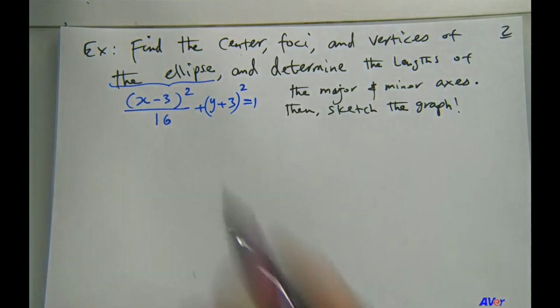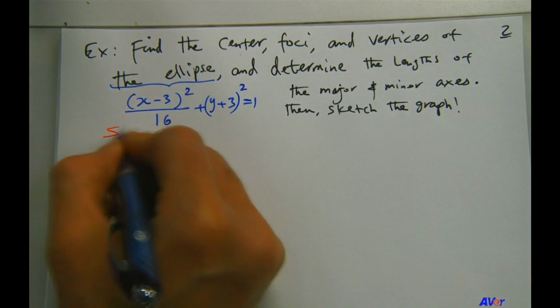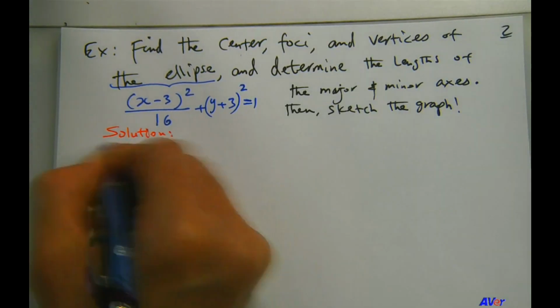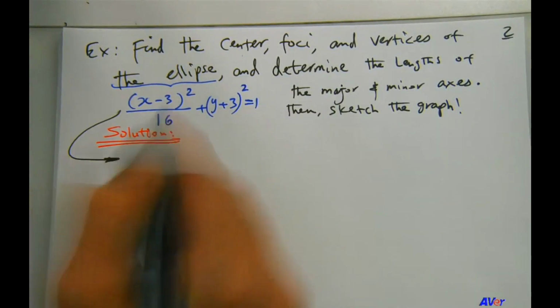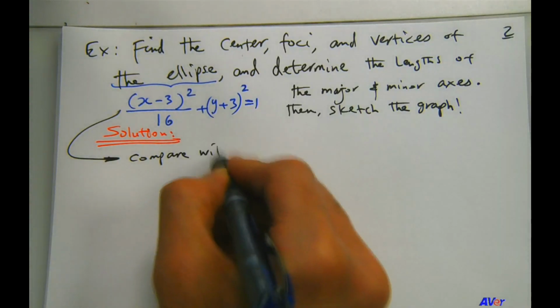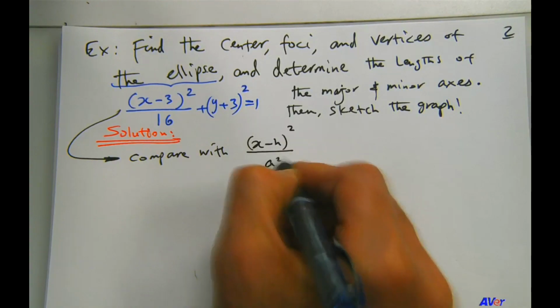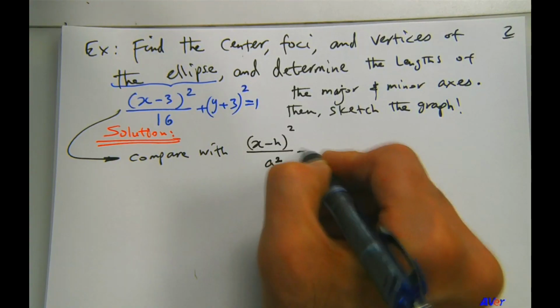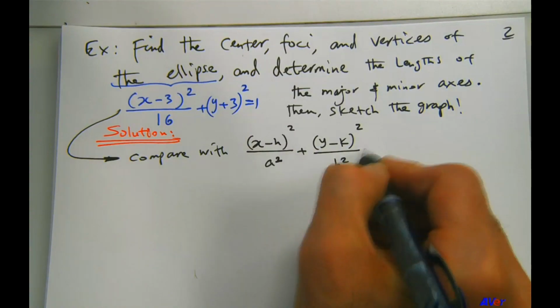Okay, so the easiest thing is to compare this with the general equation of an ellipse that we introduced, right? So here, compare that with (x minus h) squared over a squared plus (y minus k) squared over b squared equals 1.